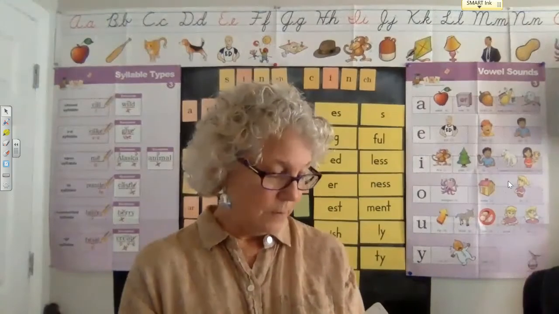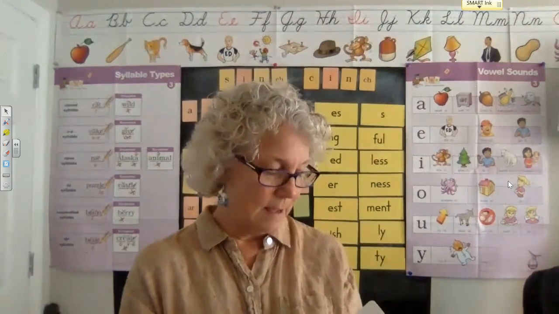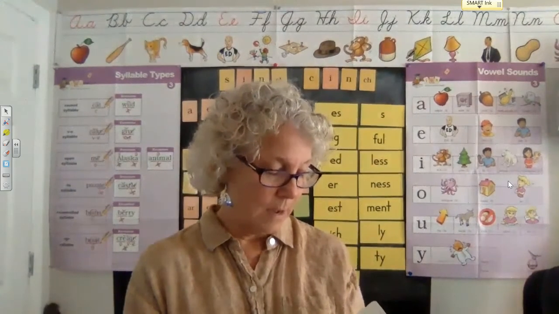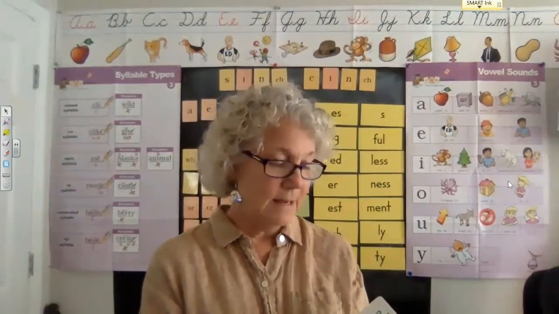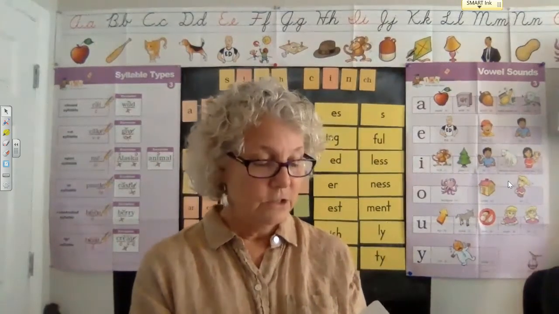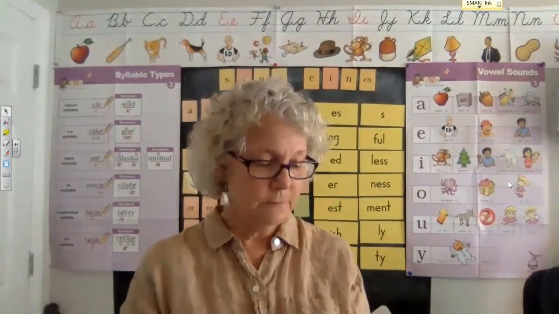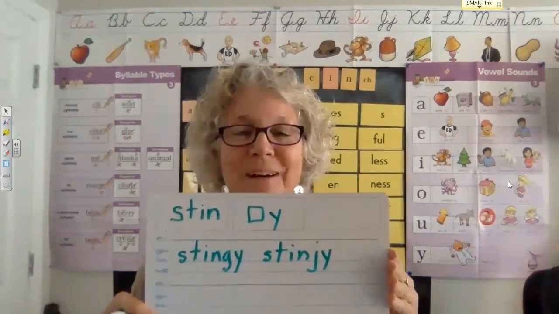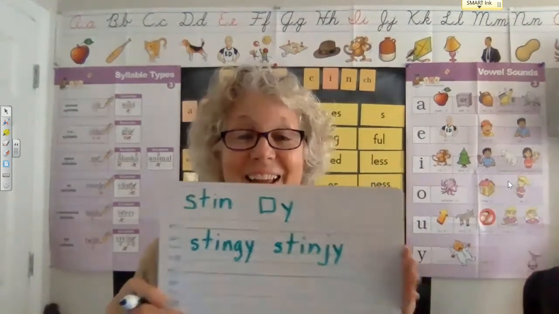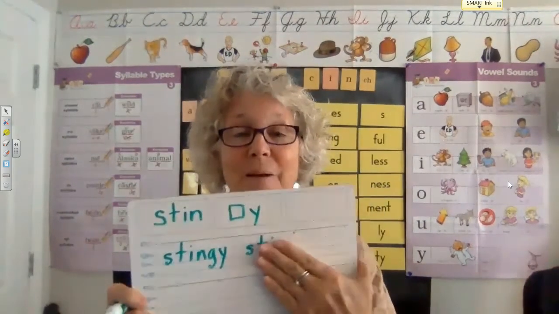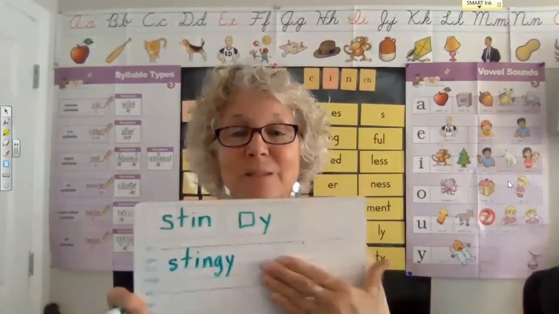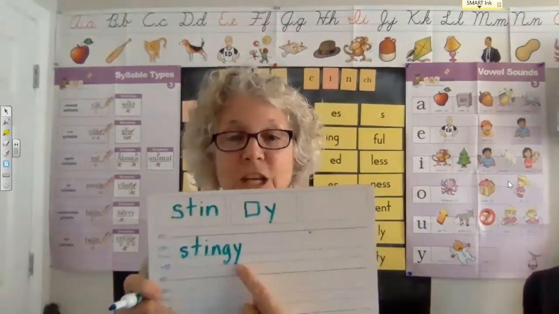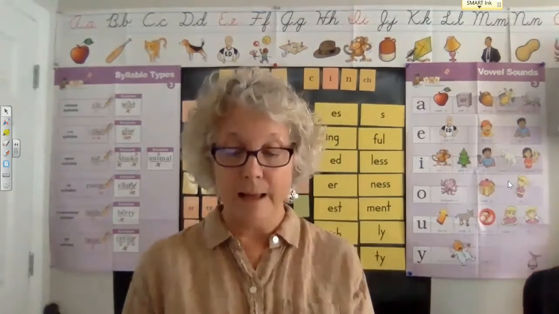So you could write it both ways, S-T-I-N-G-Y, S-T-I-N-J-Y, and look it up and see what you find. So if you looked it up, you found that this one is correct, right? G before that vowel Y.